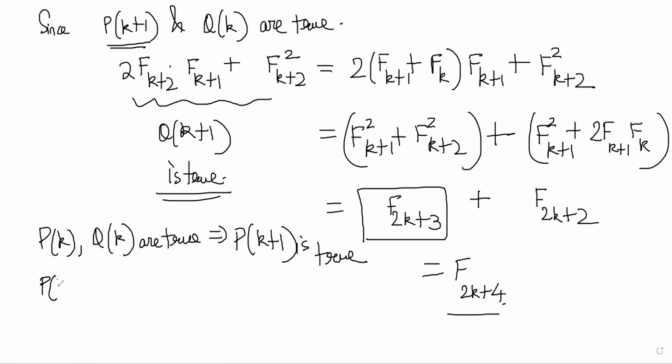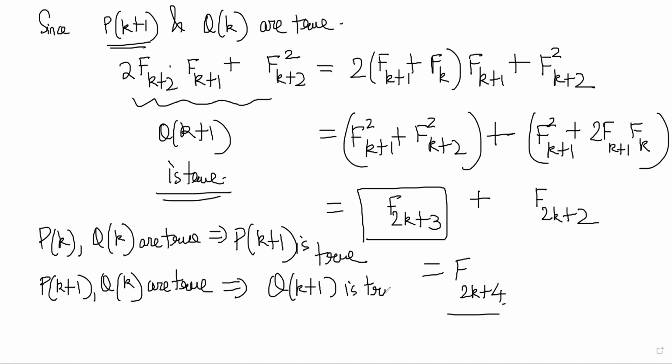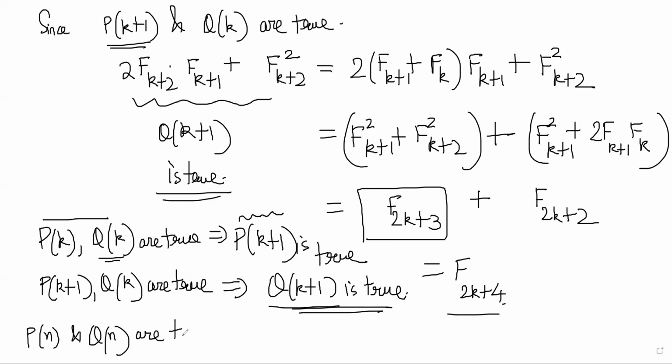And if p of k plus 1 and qk are true, it implies q of k plus 1 is true. So the spiral induction is complete. Using these two, we are proving pk plus 1, and using pk plus 1 and qk, I can prove qk plus 1. So therefore, pn and qn are true for all n.